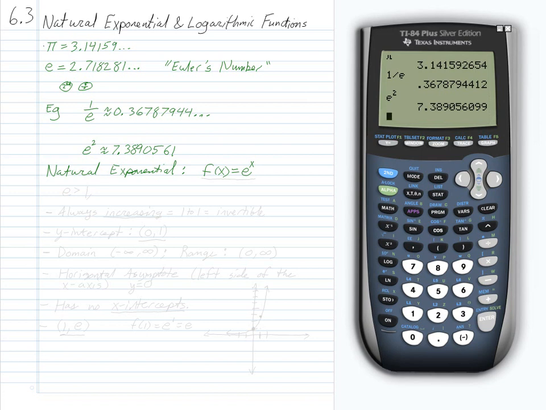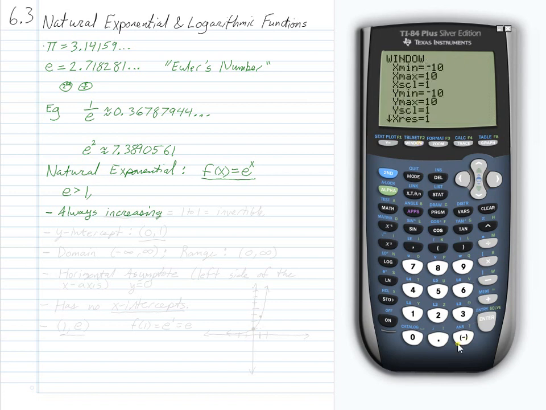Since e is greater than 1, we can tell that this function f of x, the natural exponential function, will always increase over its whole domain. And it will have all of the same features as any other exponential function with a base greater than 1.